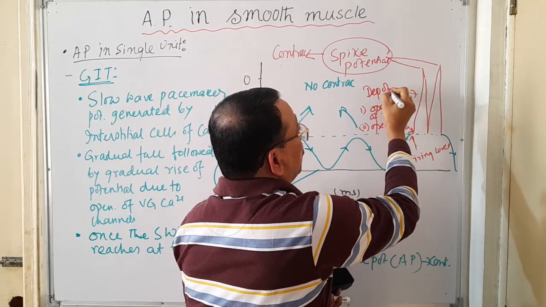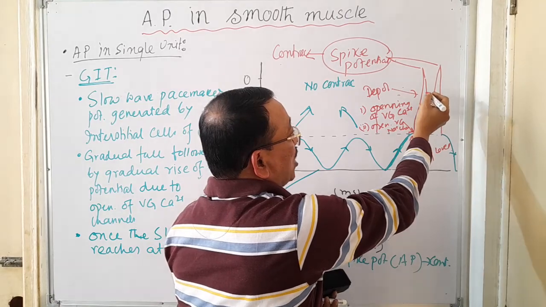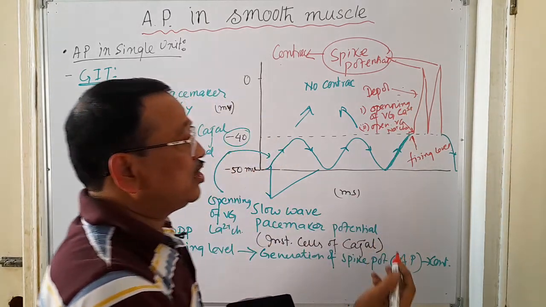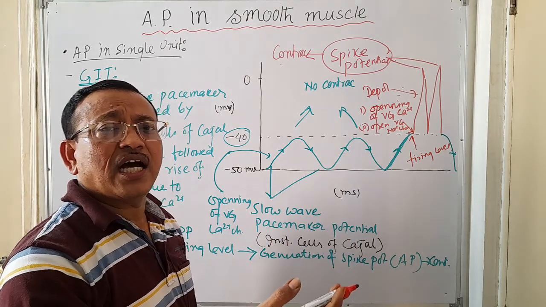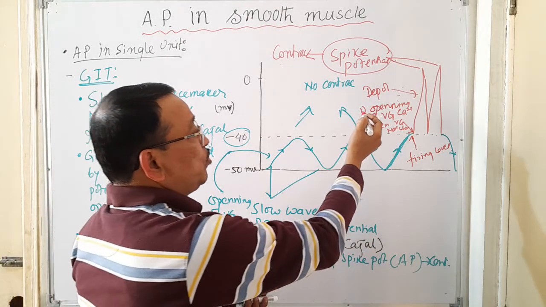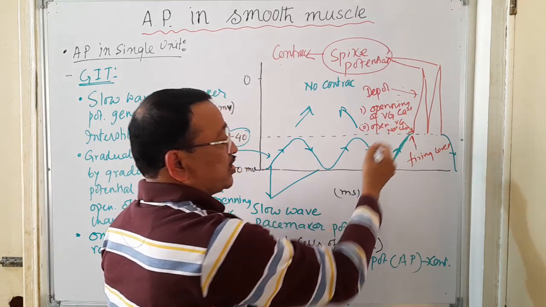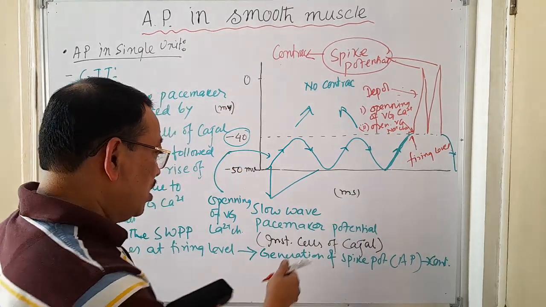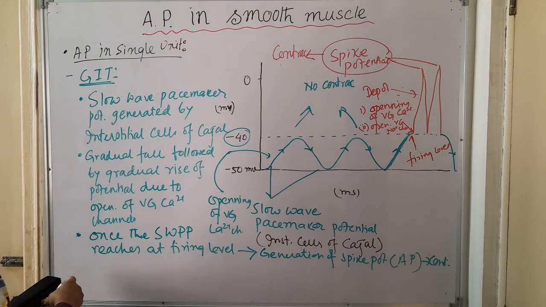So this is the depolarization phase of the spike potential or action potential, which is due to the sodium entry and the calcium entry because of the opening of the voltage gated calcium channels and voltage gated sodium channels.